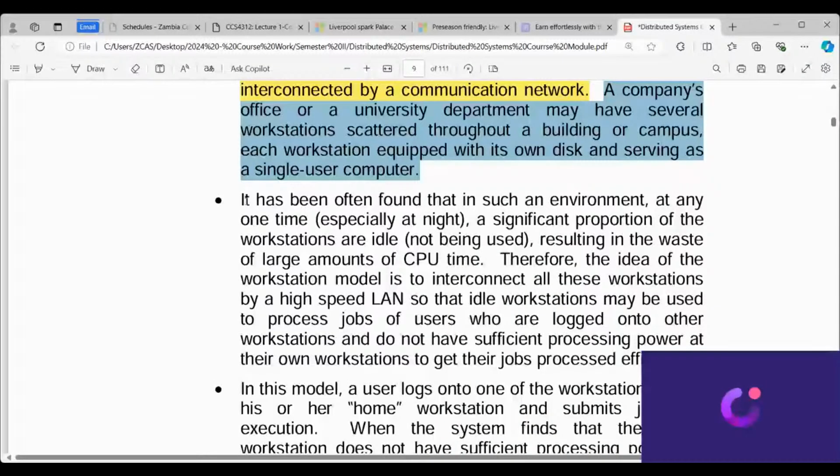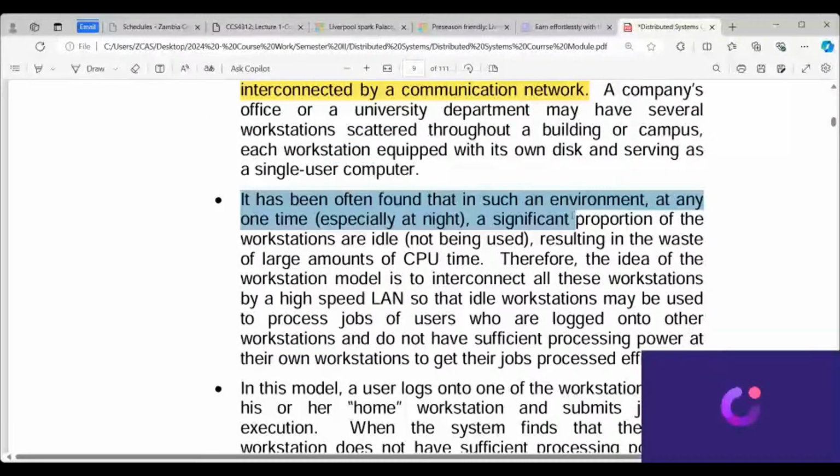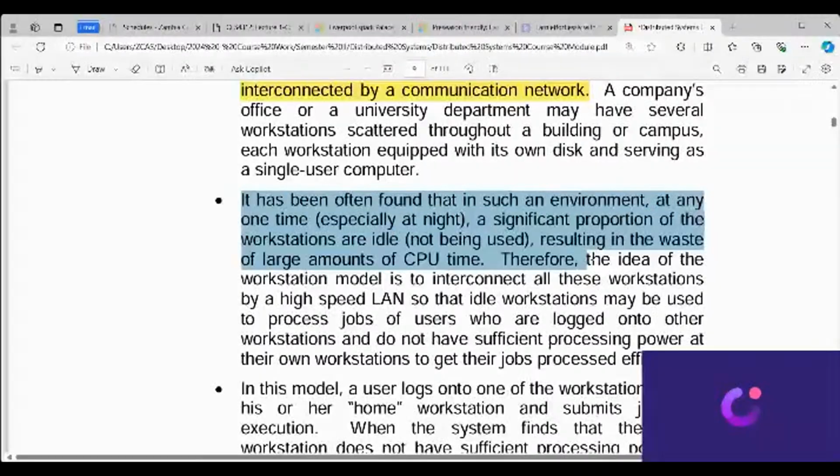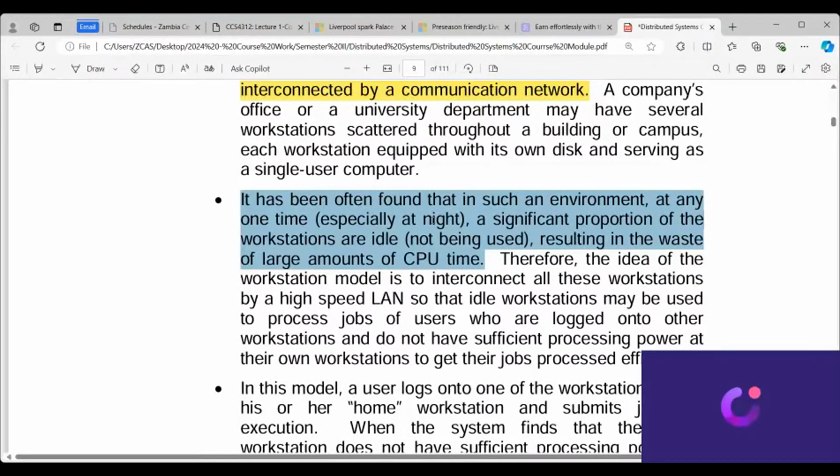It has been found that in such an environment, at any time, a large number of the workstations are idle, not being used, resulting in wastage of a large amount of CPU time. Okay, so here what we are saying is that in this workstation model, we have several workstations or several standard computers, and these are dotted around the campus or an office.